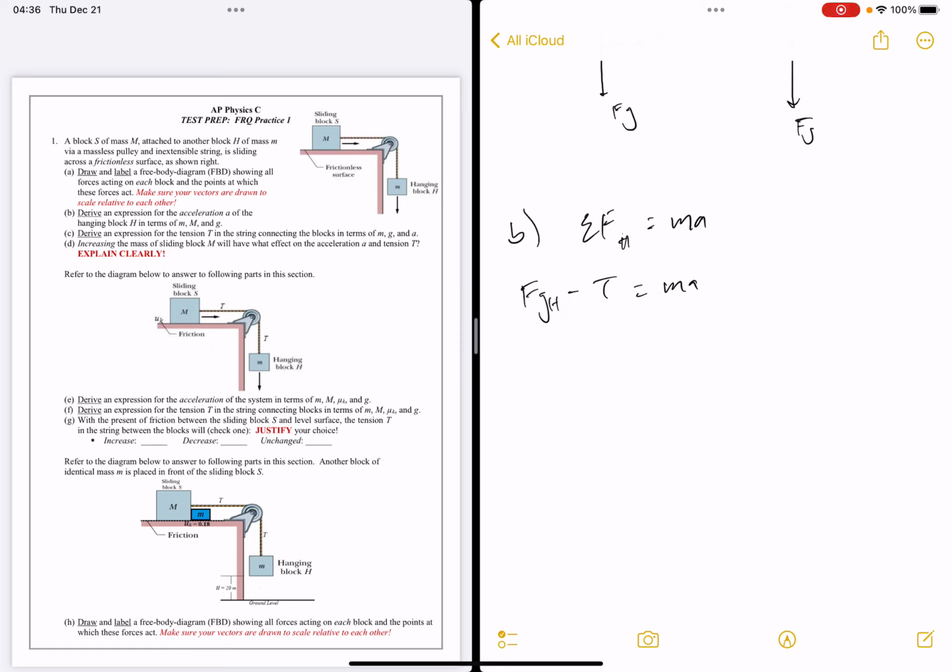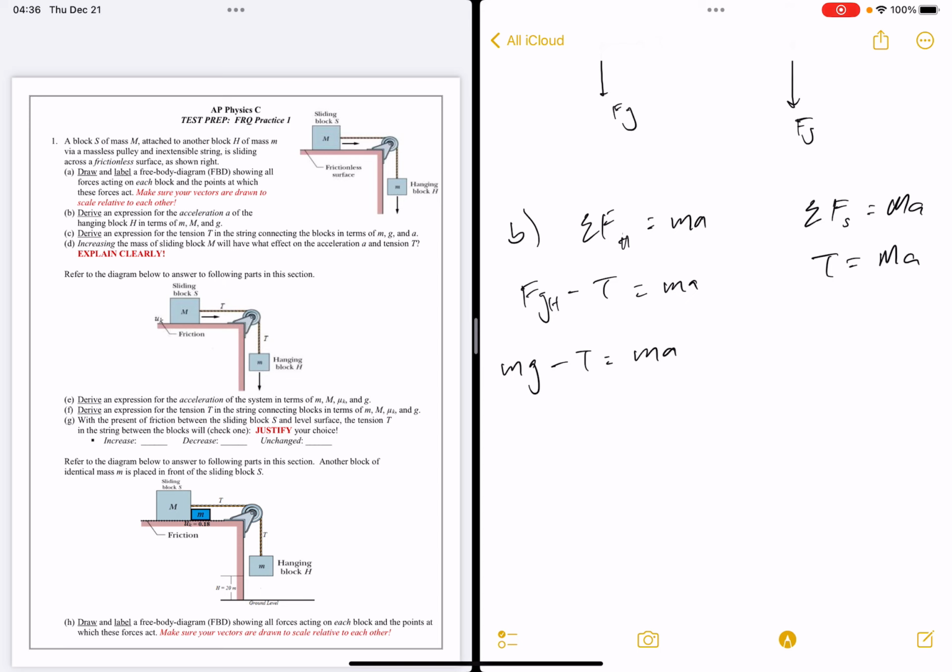So it simplifies down to mg minus T. You can expand that. And we don't know what T is, so I'm going to set up net force for block S. That's big MA, T.